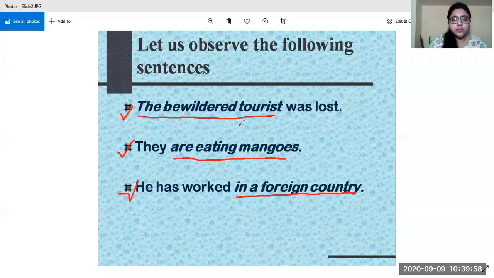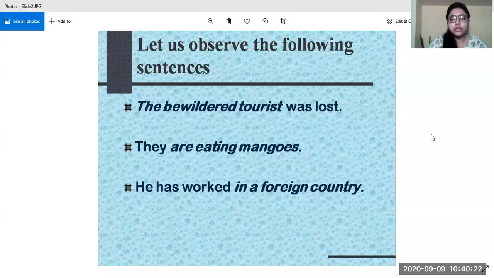And if we observe it more carefully, then we will see that the bewildered tourist is acting as a noun in the first sentence, and in the second sentence, are eating mangoes is acting as a verb, and in the third sentence, in a foreign country is acting as an adverb.